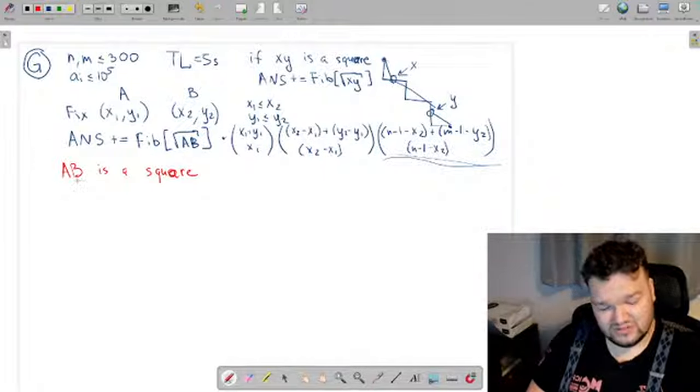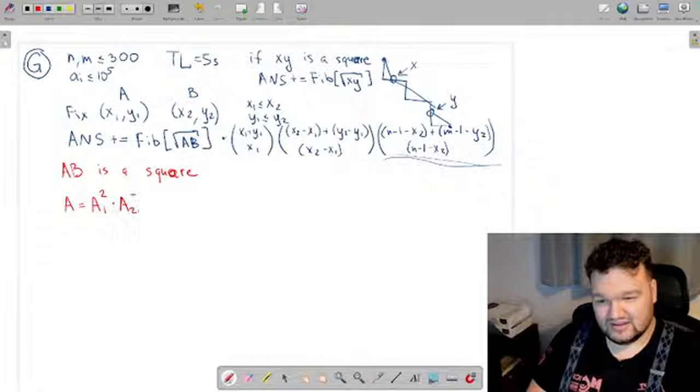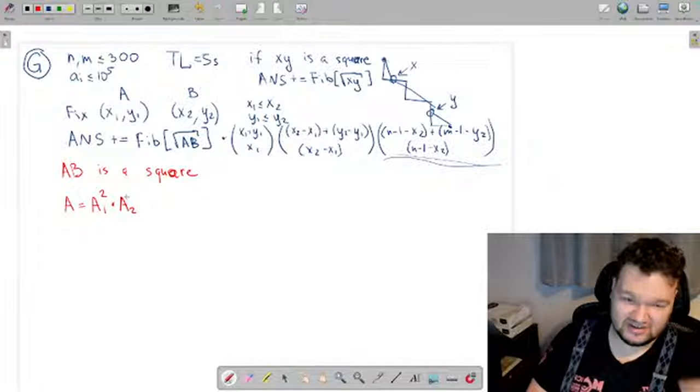For every number, we can represent it as a square of something multiplied by a number that is not divisible by any square other than 1.